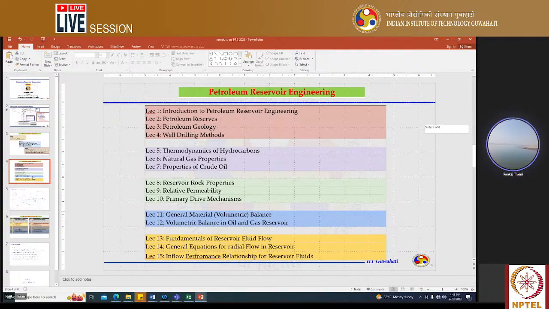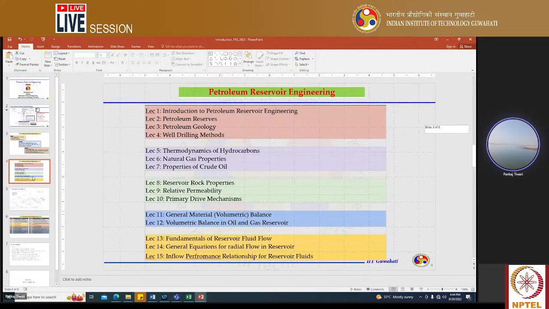In week 3, we discussed the rock properties and the concept of relative permeability when more than one phase is present in the reservoir, and that's actually the condition. We always have more than one phase in the reservoir, let it be the oil reservoir or the gas reservoir. There is always associated water, either through the influx or in secondary recovery, where we are injecting water and gas into the reservoir domain.